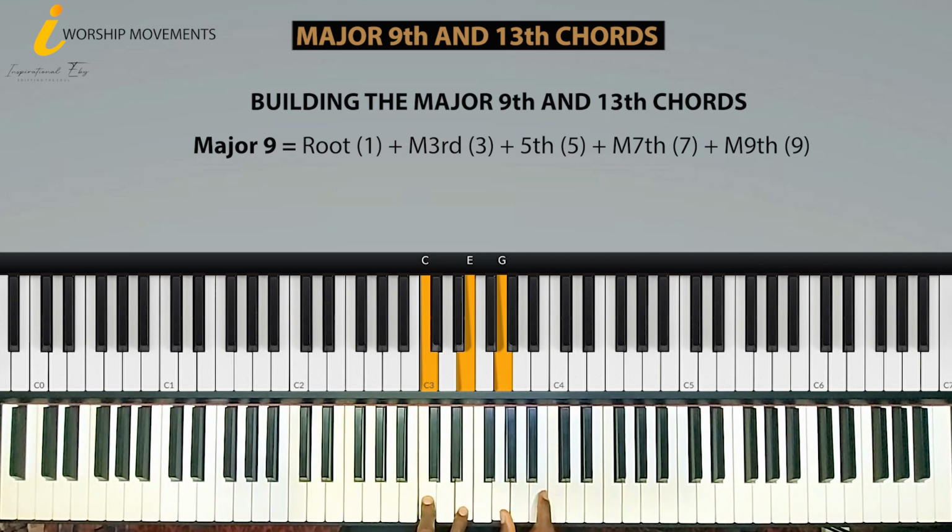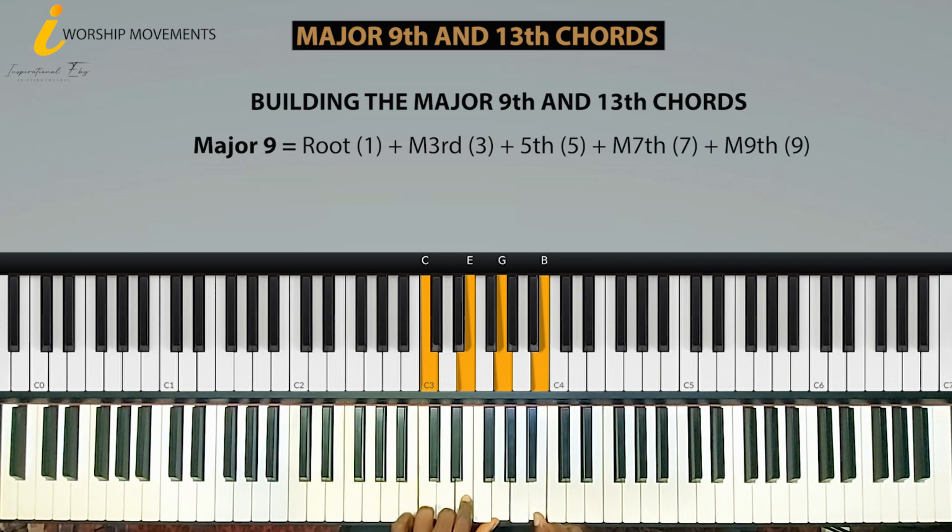Now we go on adding that 7th. That is the major 7th, which is the 7th degree of the C major scale. So 1, 3, 5, 7. This is the C major 7.